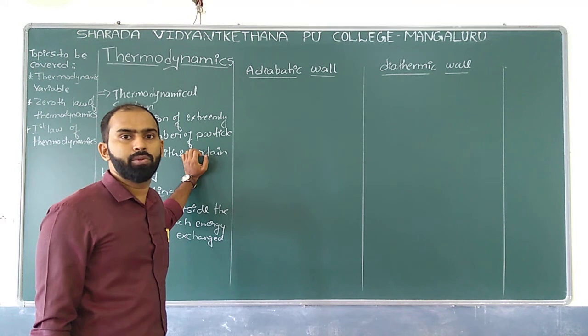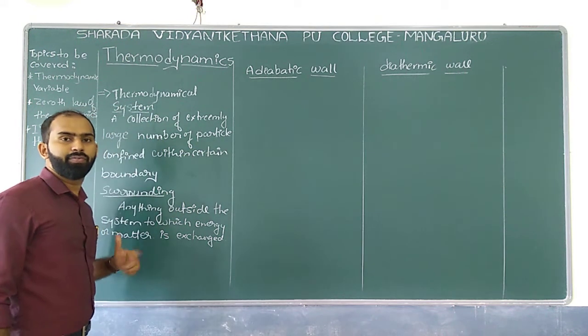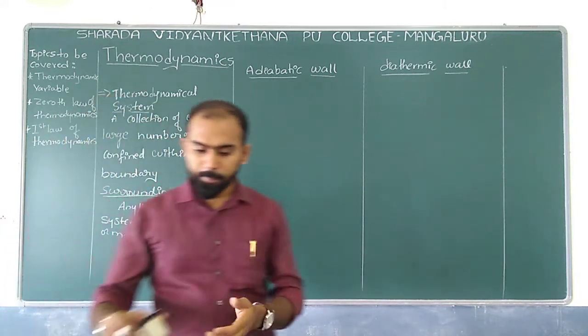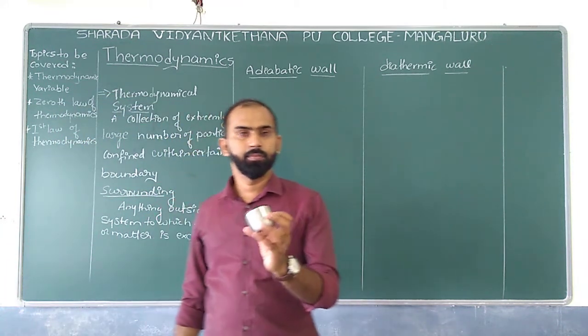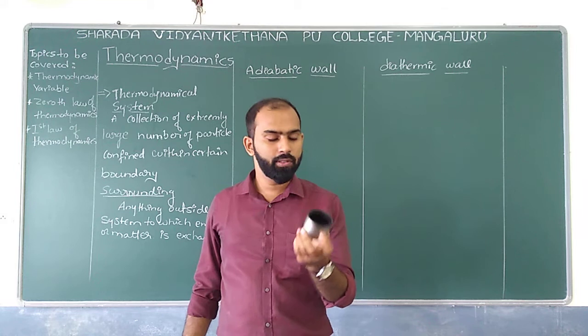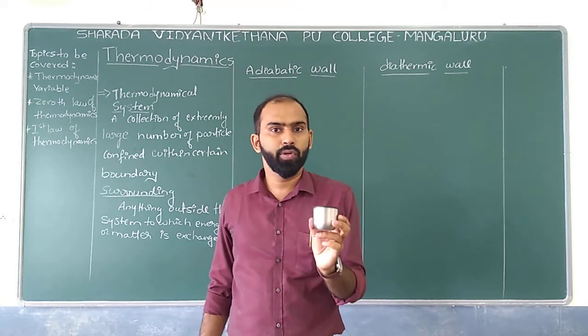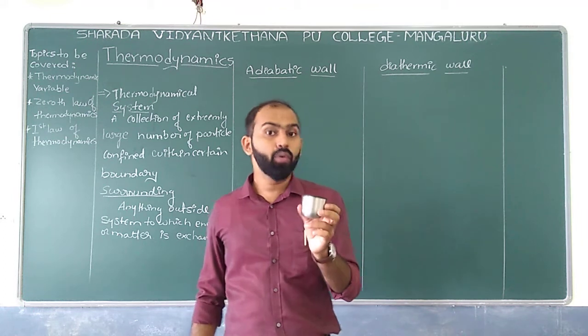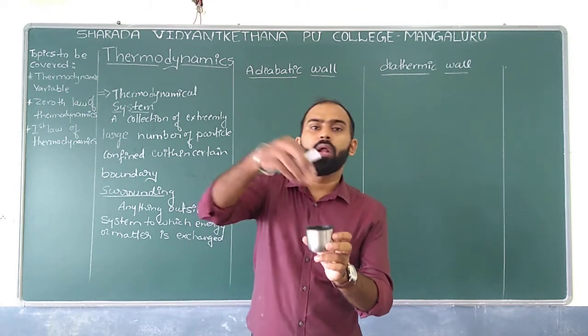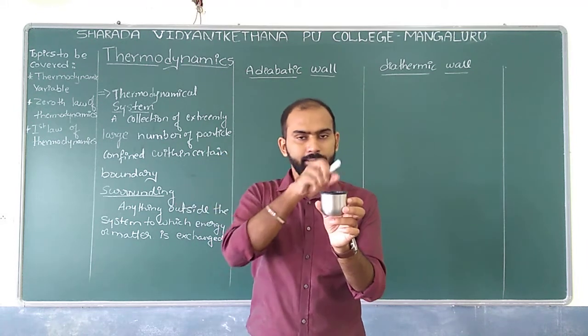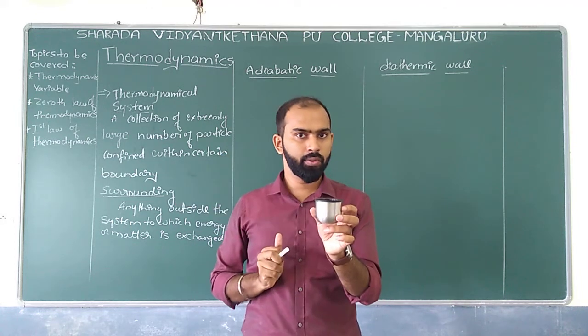There is a definition for this, but before that, I'll give one experimental observation. What is there in my hand? A kind of cup, you can observe, right? Now I'll pour some water like this. So inside the cup, what is there now?